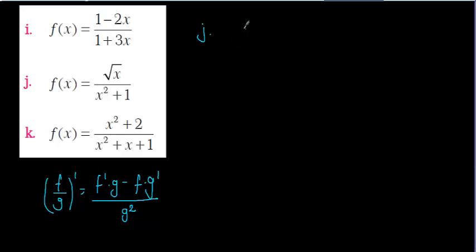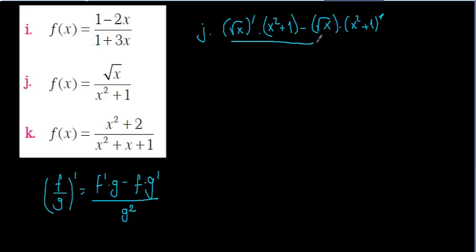So root of x is the f and x squared plus 1 is the g: root of x derivative times x squared plus 1 minus root of x times x squared plus 1 derivative, over x squared plus 1 squared.